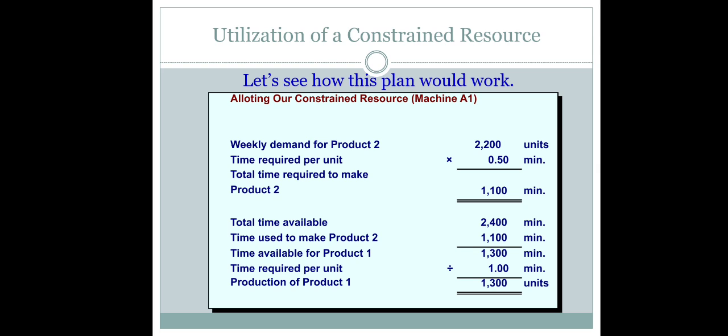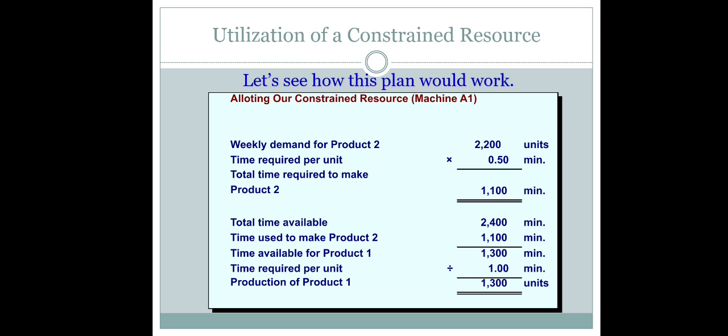Total time required to make product 2 is 1,100 minutes. Remember, the machine has the capacity of only 2,400 minutes. So from these 2,400 minutes, the business has to produce all product 2, because product 2 is the product that can generate the highest contribution margin per machine minute. That's why the business has to produce product 2 first.